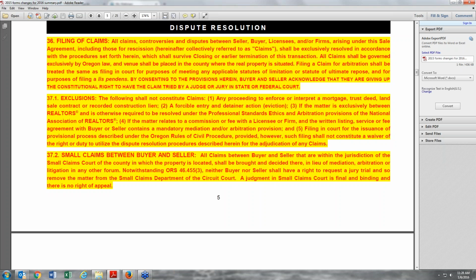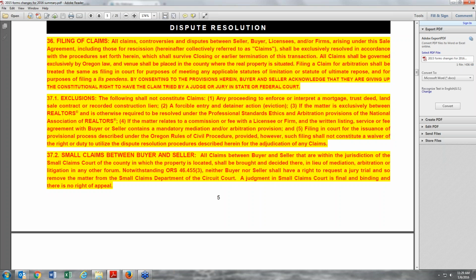Normally in small claims court, if the amount is above, I think it's $250, then the defendant can go ahead and force removal into court. We are excluding that option here by saying that, notwithstanding ORS 46.455 sub 3, which gives that right to remove, neither buyer nor seller shall have a right to request a jury trial and so remove the matter from the small claims department of circuit court.